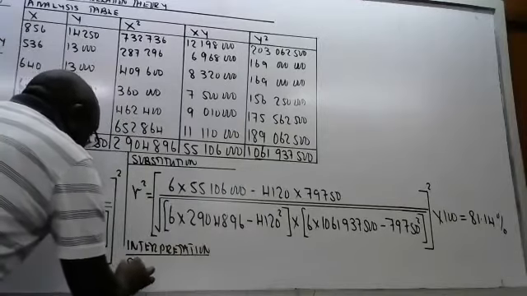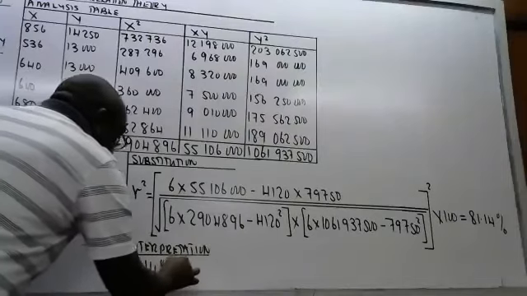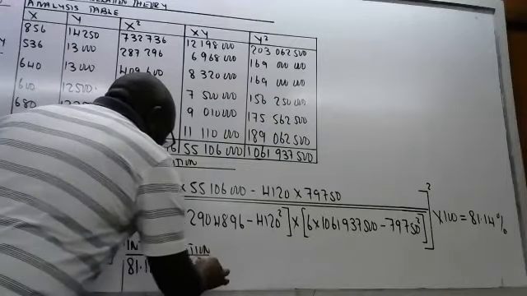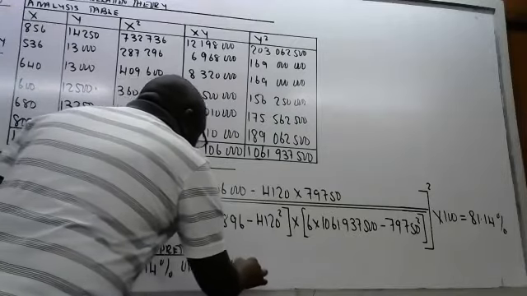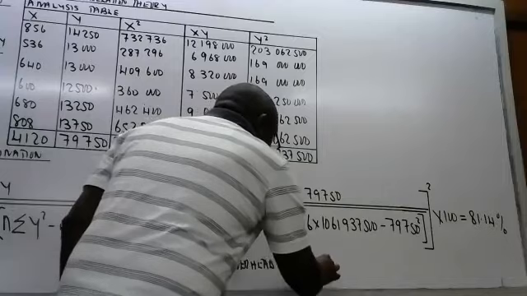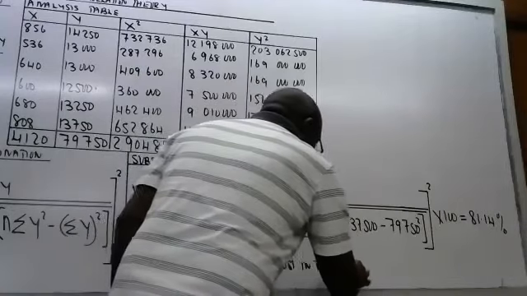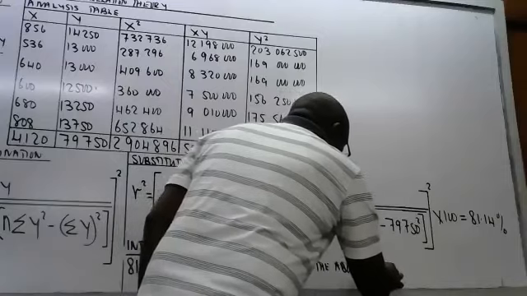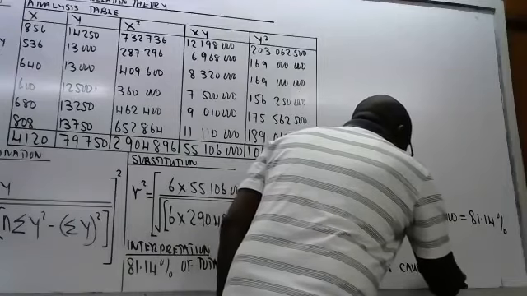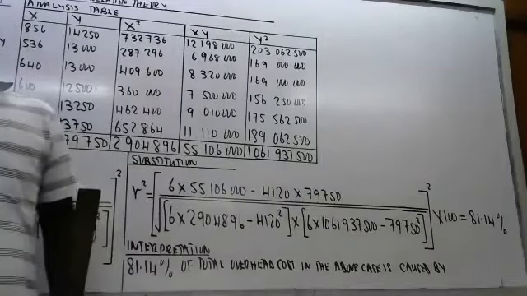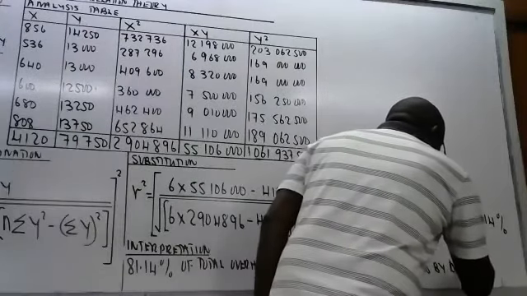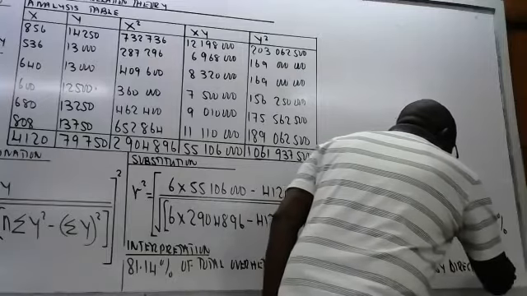is that 81.14% of total overhead costs in the above case is caused by or is explained by direct labor hours.